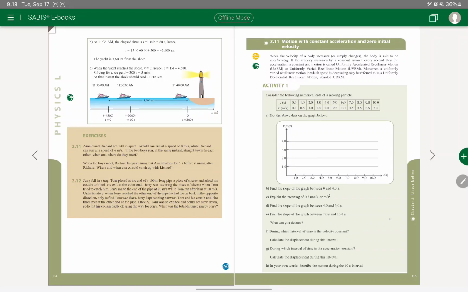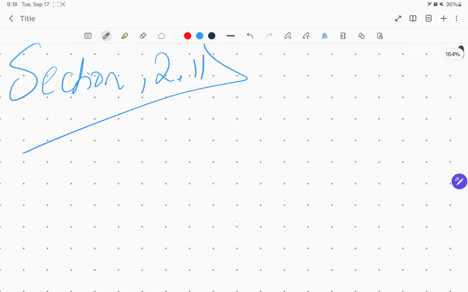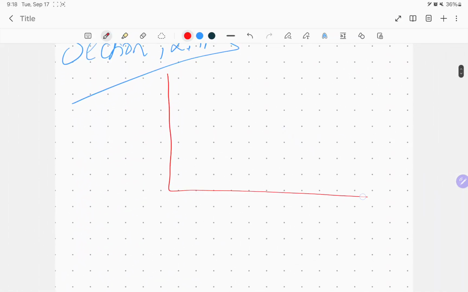Let's get back to over here. Of course, you're going to open the ebook with you, because I can, for example, draw the graph over here with all the time. So let me try to draw it over here. When time was 0, it was 0. When time was 1, it was 0.5.